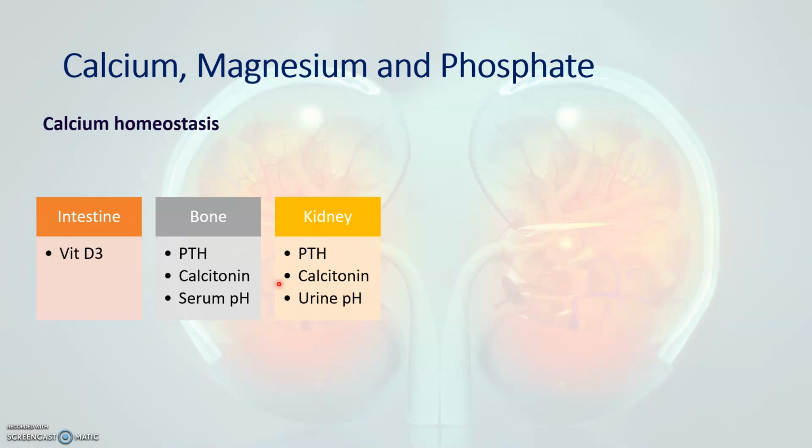Parathyroid hormone increases the reabsorption of calcium in the distal tubules, whereas calcitonin increases the loss of calcium through inhibiting its reabsorption from the tubules. There are other factors which promote an increase in calcium loss in the kidney.